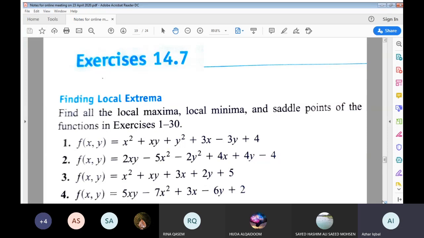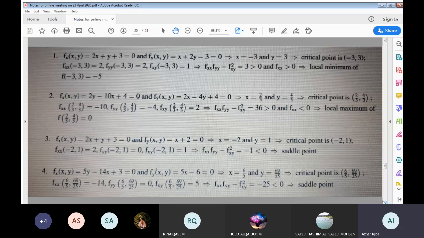And now for these 4 questions, I have just written down here and have a capture of the solutions. So here what you are doing for question 1, for instance, is finding the partial derivative with respect to x and partial derivative with respect to y, and then if you solve this, it gives you the critical point to be (-3, 3).